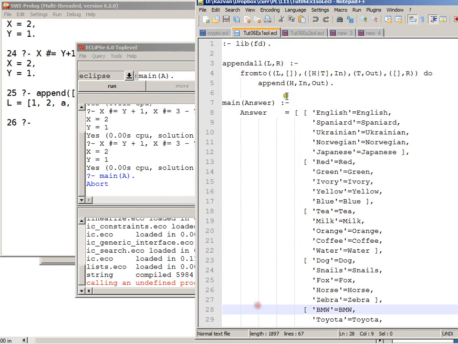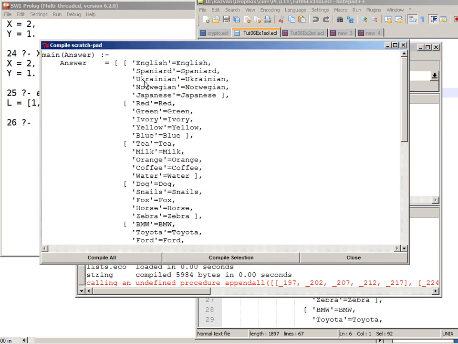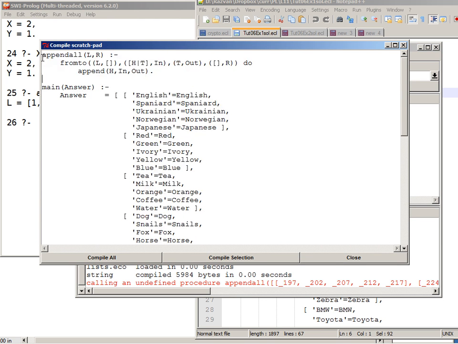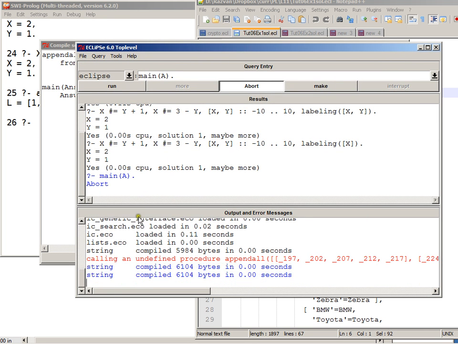And that we have to cut and paste. Okay, this worked.